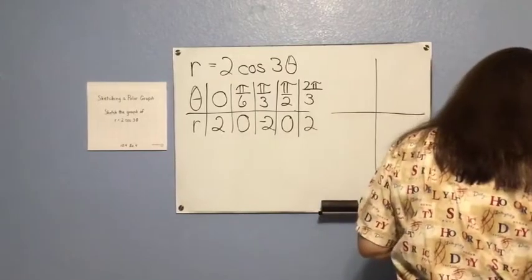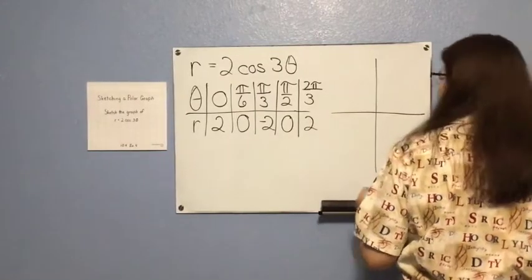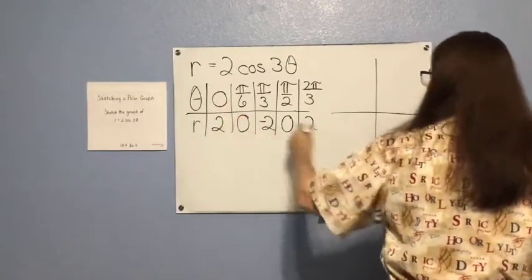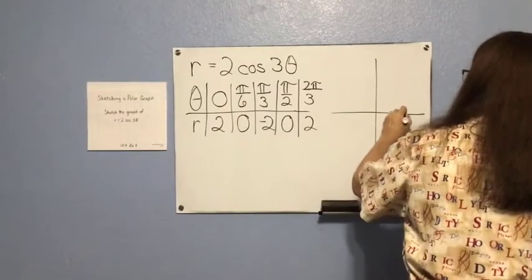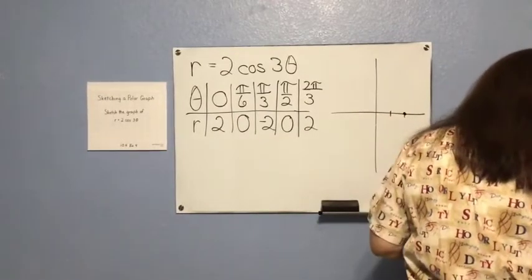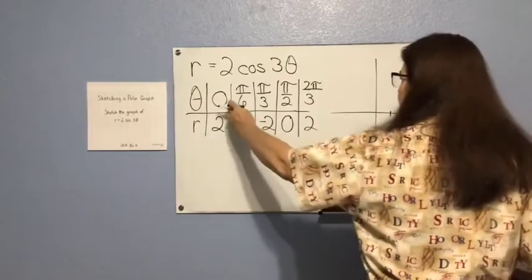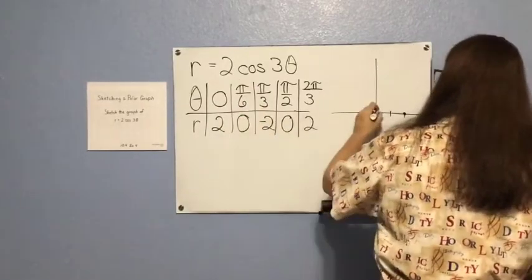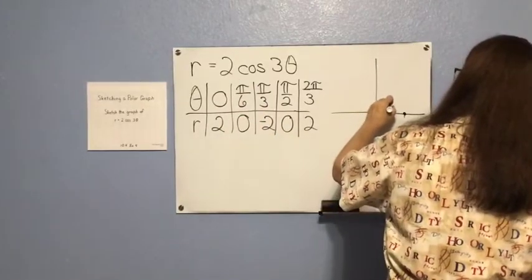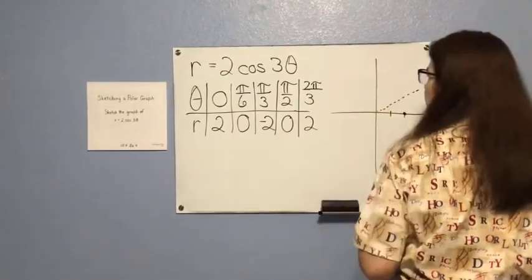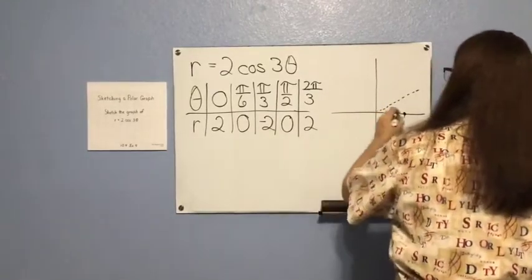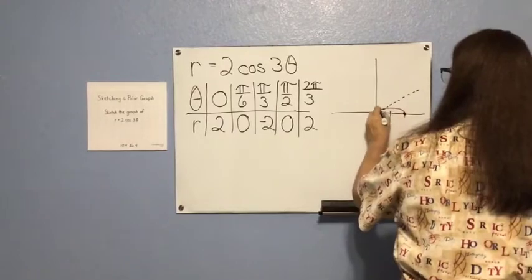So we'll start here at angle of 0, radius 2. So right out here. My next point, pi over 6, so that's kind of maybe about like that. But my radius is 0, so we're going this way.